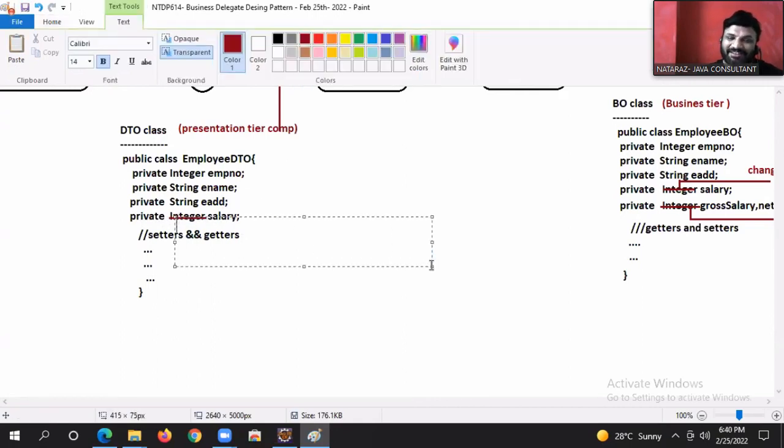Come on. Change to double, guys. Seriously, literally change to double.